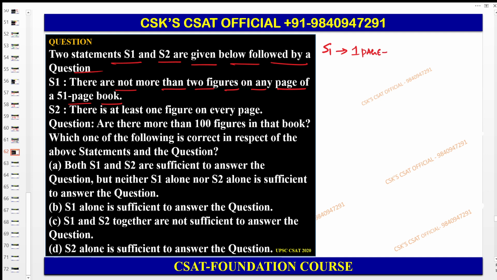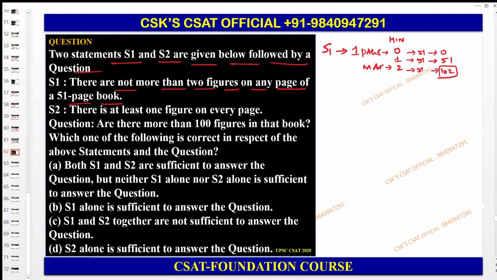That one page contains a minimum, and this is the maximum, 2. Now 51 pages contain 0 here, the minimum, and 1 also. If 1, then 1 into 51, here 51. Here 2 into 51, it contains 1 or 2.